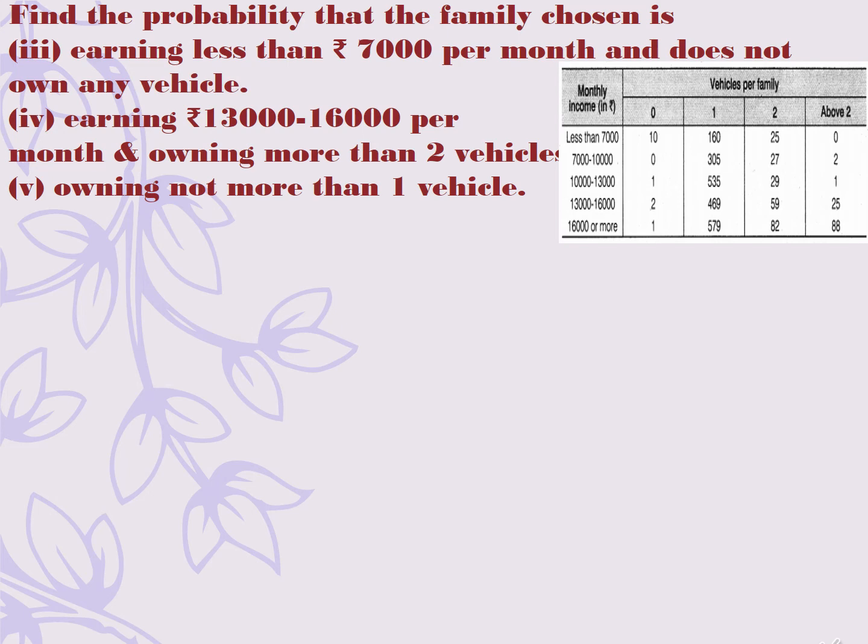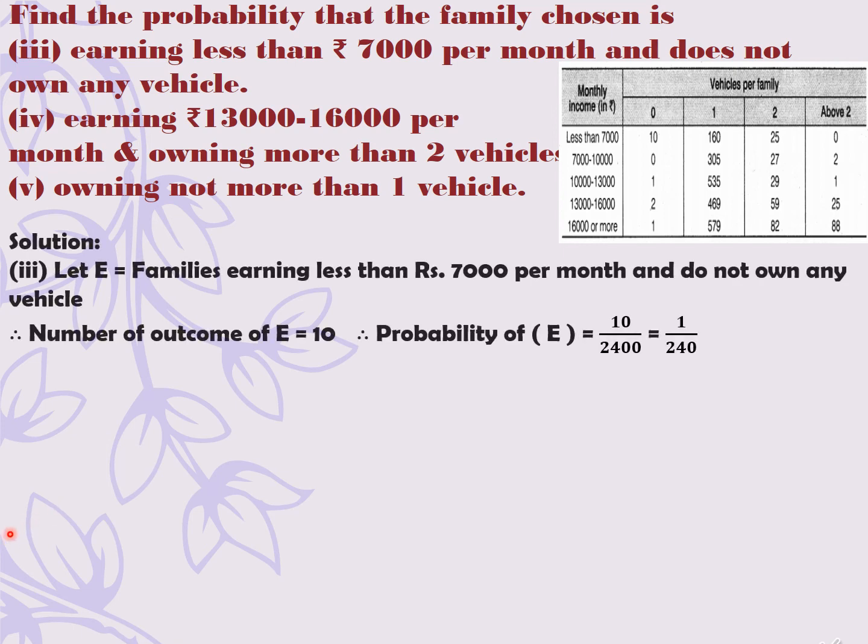The probability that the family chosen is earning less than rupees 7,000 per month and does not own any vehicle. So, let E be the event where the families are earning less than 7,000 per month and do not own any vehicle. Therefore, the number of outcomes for such an event would be 10, because the families have a monthly income of less than 7,000 right here, and they do not own any vehicle.